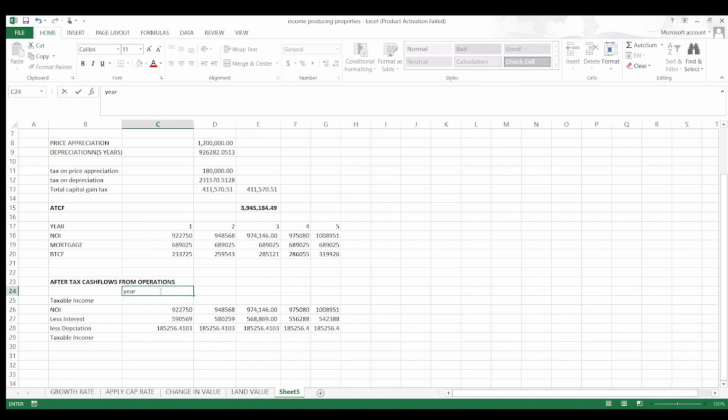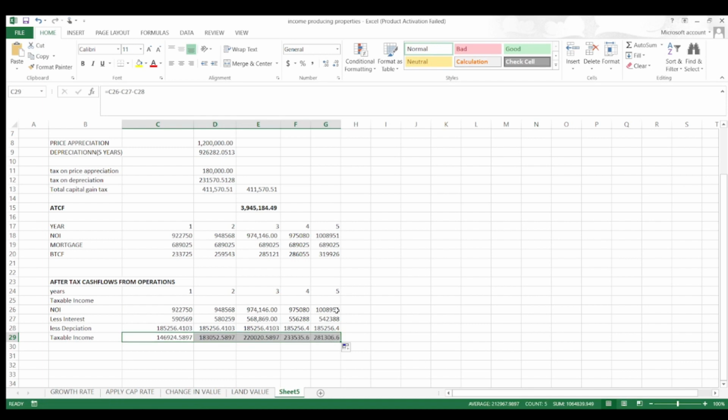So here we have the years. So our taxable income will therefore be the net operating income less our interest less depreciation. You can simply drag it. So for each year, you have to less the interest and the depreciation.